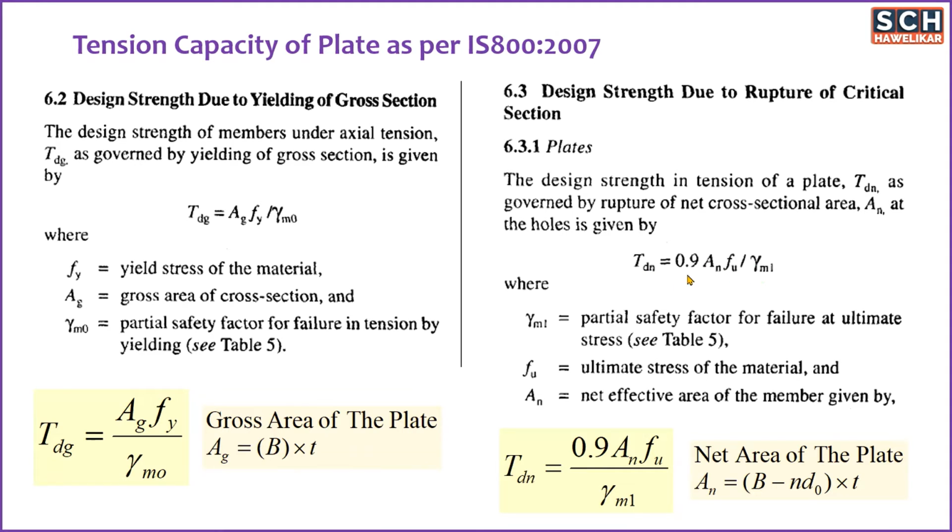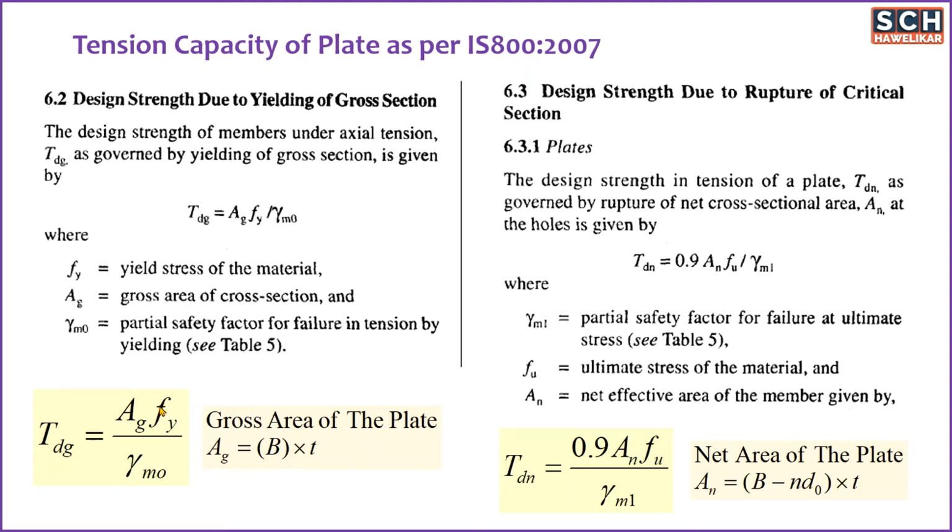So here we are considering 90% strength, and we need to keep in mind the simple relation: whenever we are talking about the gross strength, Tdg, it is related with the gross area, and gross area yields.